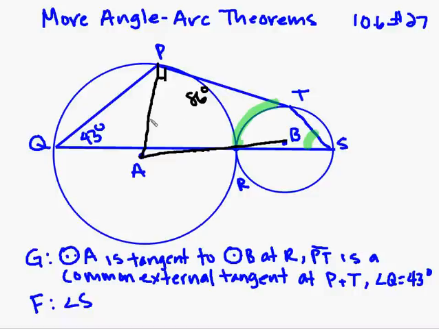So this looks similar to the process of finding lengths with common internal tangents. And then finally I'm going to draw a line from T to B. So what I've done here is I've created another rectangle by design.